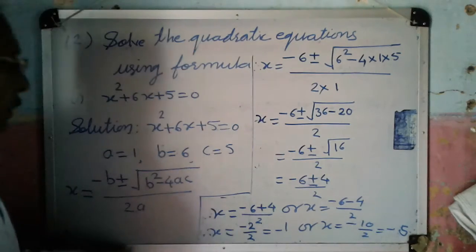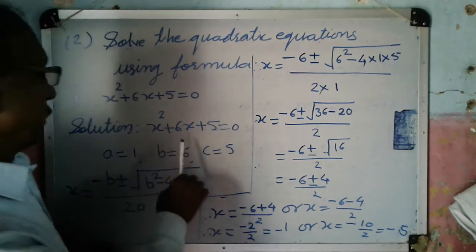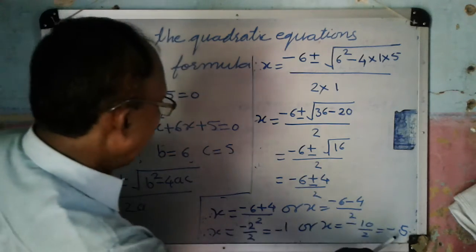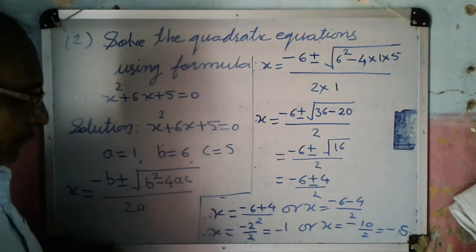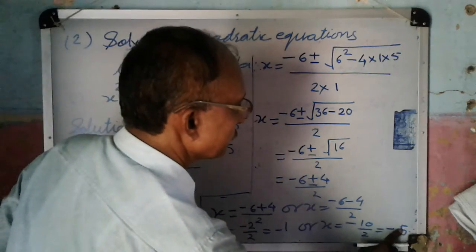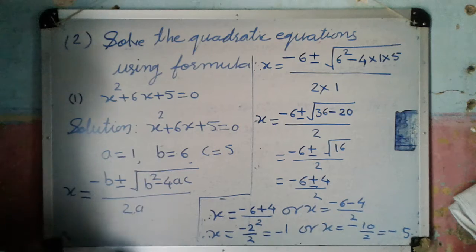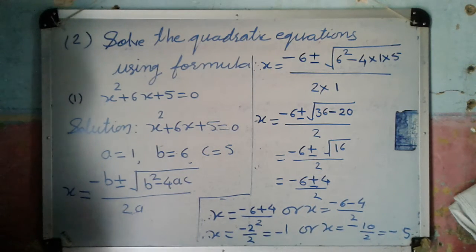And therefore, the roots of the given equation are minus 1 and minus 5. So, in this way, we can use the formula to find the roots of quadratic equation.